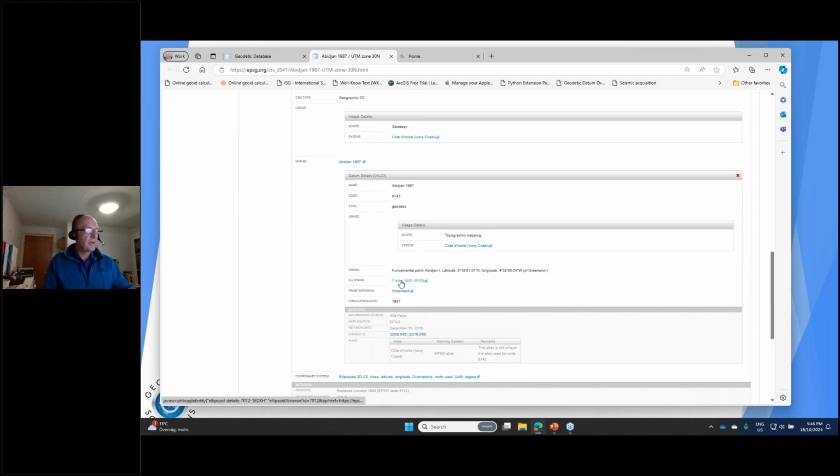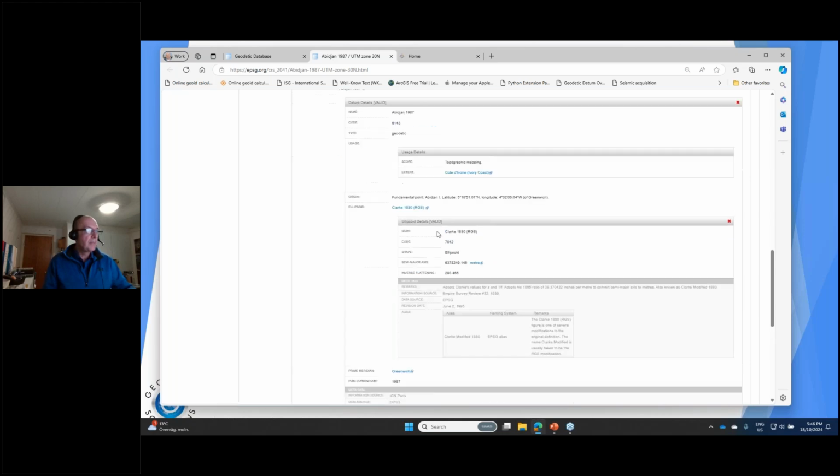This is based on an ellipsoid. This ellipsoid is Clark 1880 RGS with the definition parameters here.